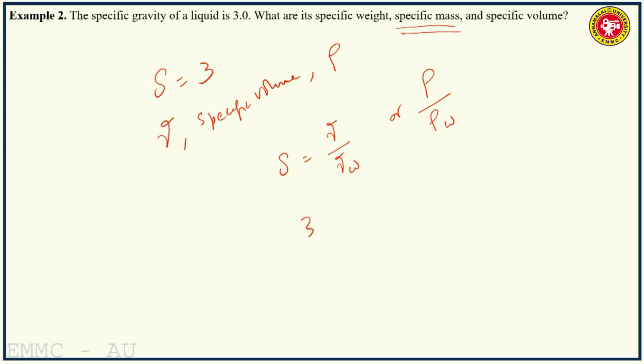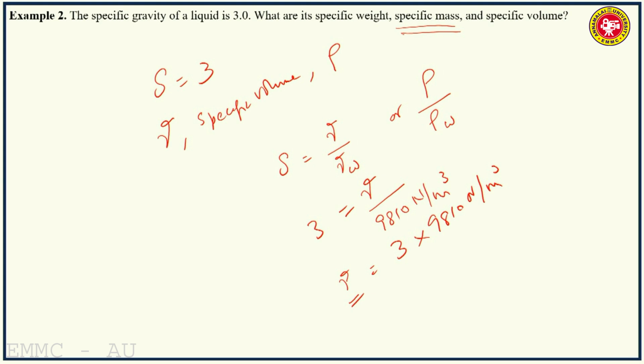Now 3 is equal to, let us use this one. So specific weight of the liquid divided by specific weight of water, which is 9810 Newton per meter cube at 4 degrees Celsius. So from this you can find out gamma. So gamma is equal to 3 into 9810 Newton per meter cube. So you get the specific weight.